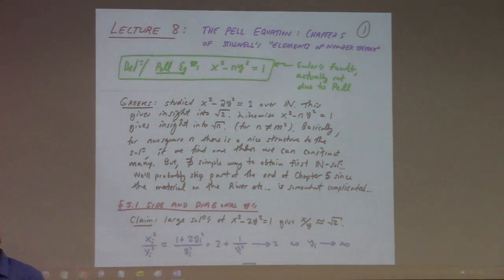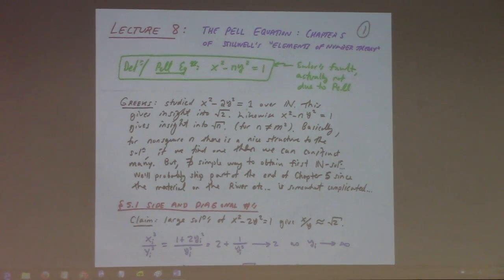And here we're thinking n is a positive number, so n equals 2 or 3, etc. So think about this. If you look at the integers and adjoin the square root of n, in other words, you're looking at things like a plus b square root of n, such that a and b are integers.